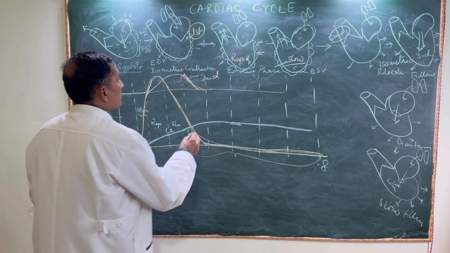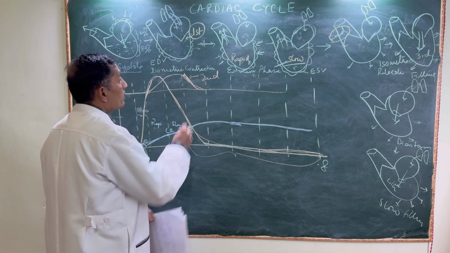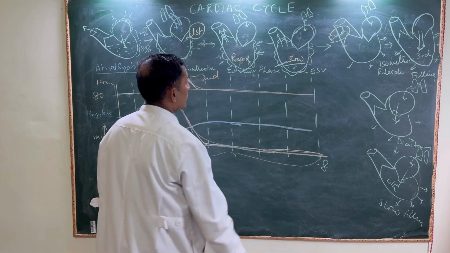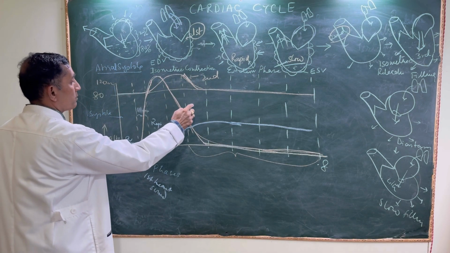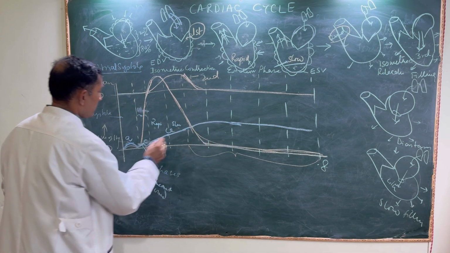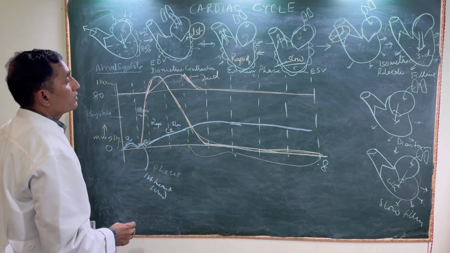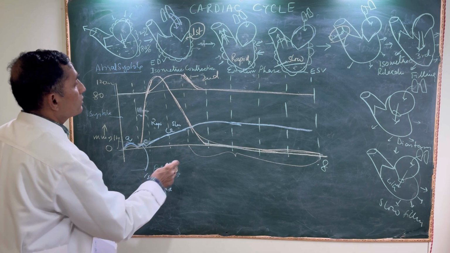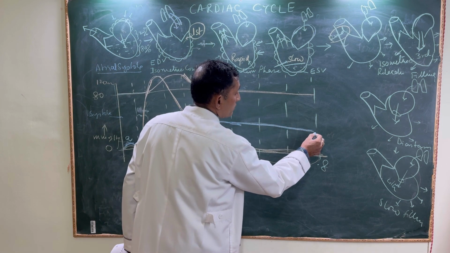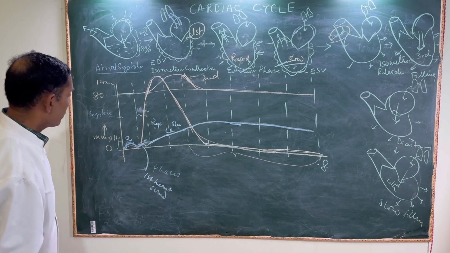Then the pressure in the aorta is like this. This is the aortic pressure, this is the ventricular pressure, and this is the ACV wave. There will be no change in the volume later on, so this will remain constant.